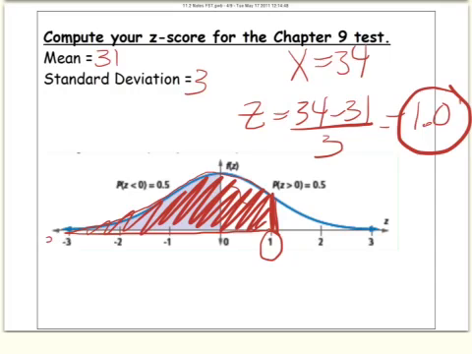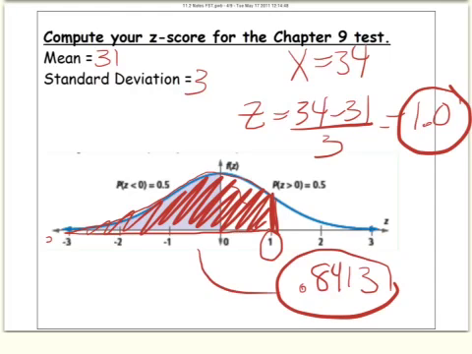So go to the front of your note packet and look for 1.0, and you're going to see the number is 0.8413 on the table. Okay, that means the area under this curve is 84% of the graph. So 84% of the class did worse than me on the test.